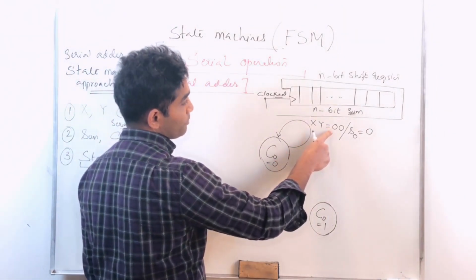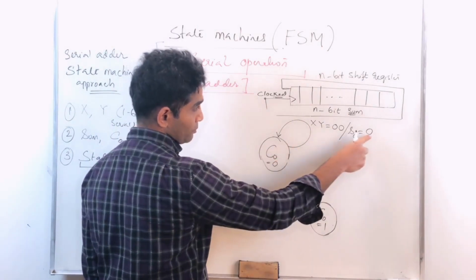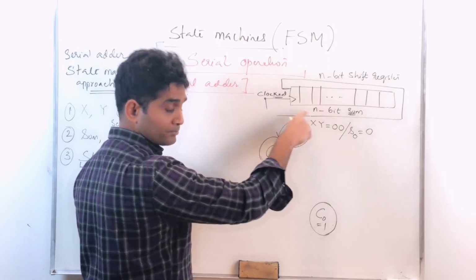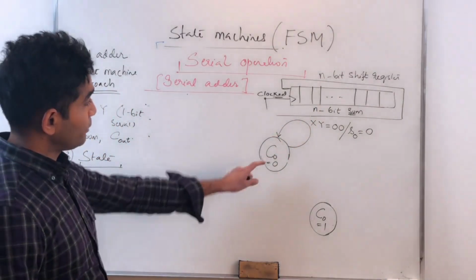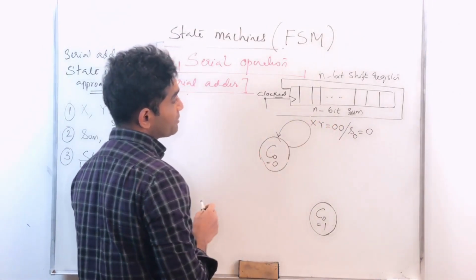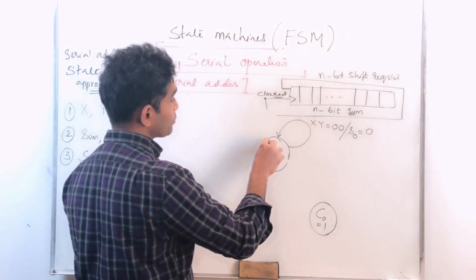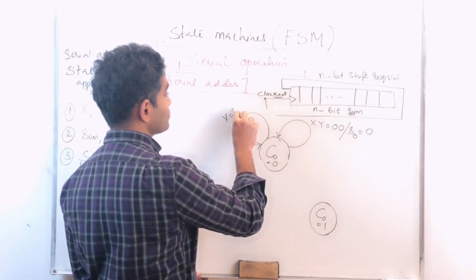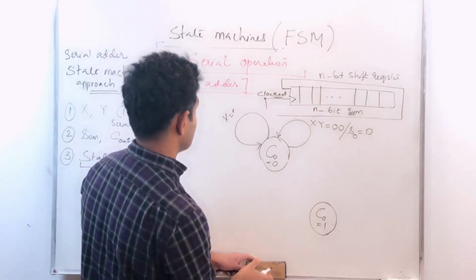The sum is 0 plus 0 plus 0. The sum is 0. I do not produce a carry out, so I remain in the same state. Right? The carry out is still 0. I look at all possible combinations between x and y. If x equal to 0 and y equal to 1, I remain in the same state. xy equal to 0, 1.